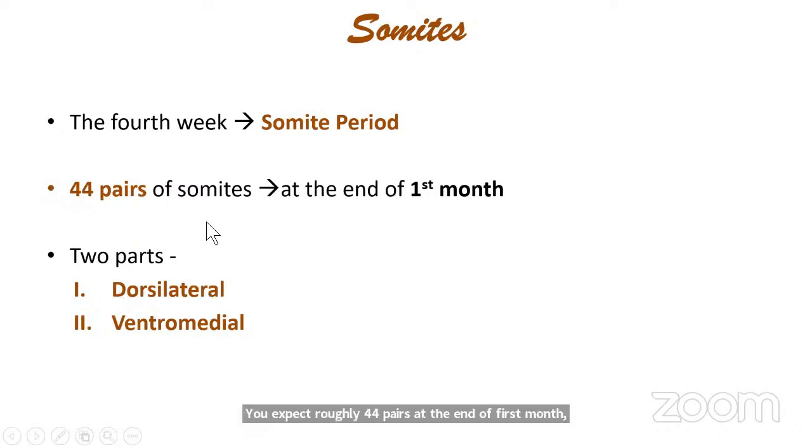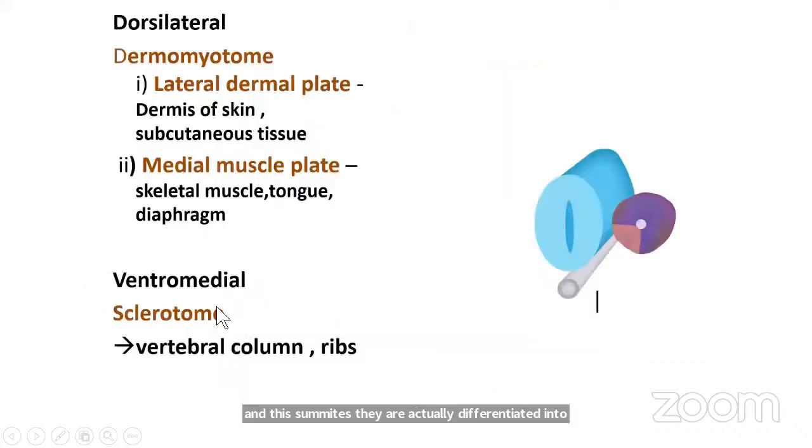And the somites are differentiated into 2: dorsolateral and ventromedial. The dorsolateral part forms the dermomyotome, and the ventromedial part forms the sclerotome. So the derivatives: the dermal plate results in the formation of dermis.